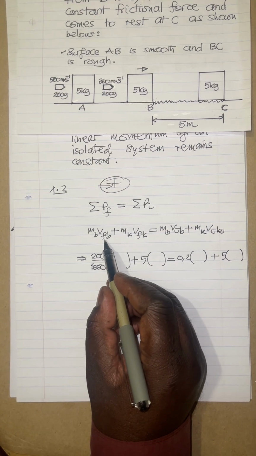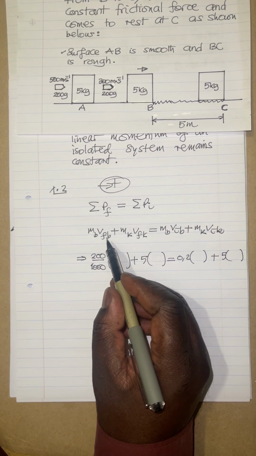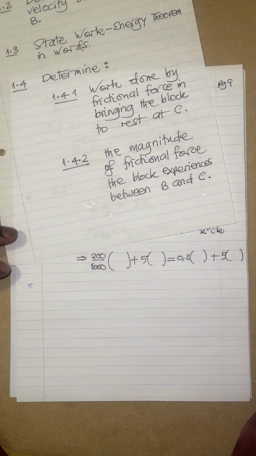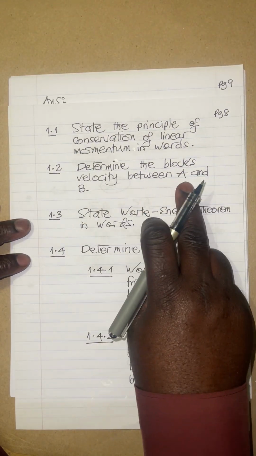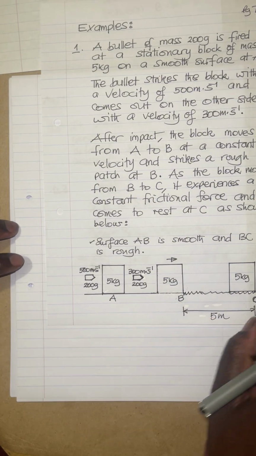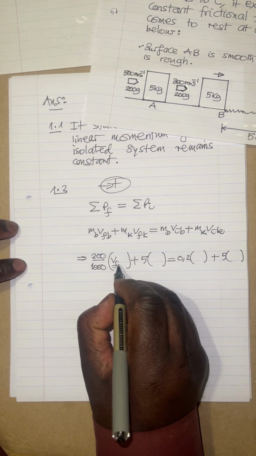What is the final velocity of the block? We don't know. That's what the question is asking us to find. It says determine the velocity of the block between A and B. That is after impact. So we don't know V final of the block.